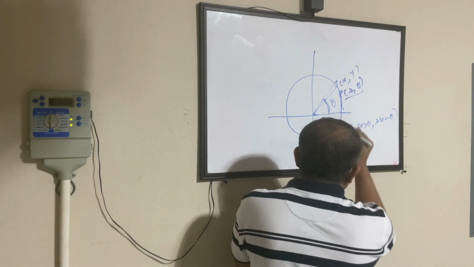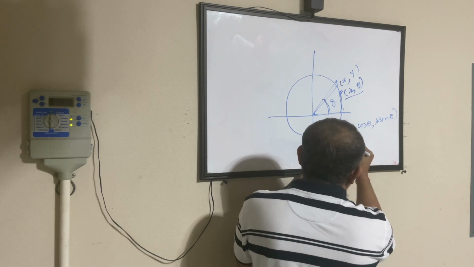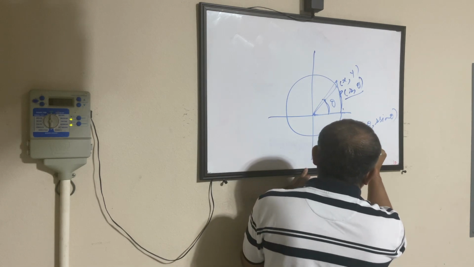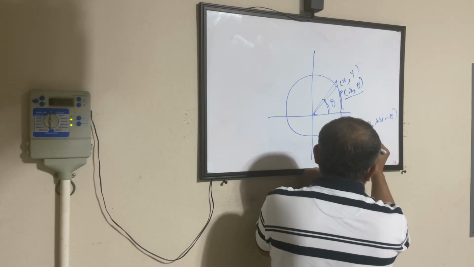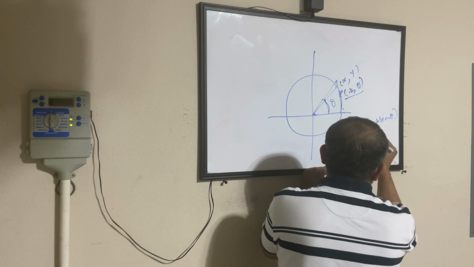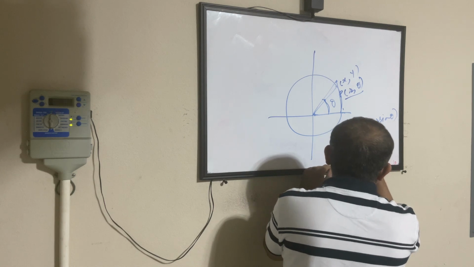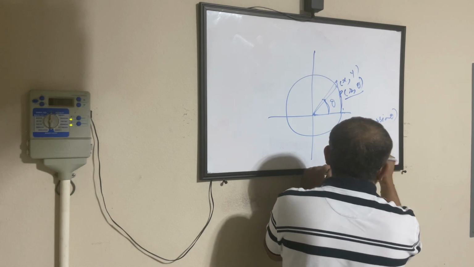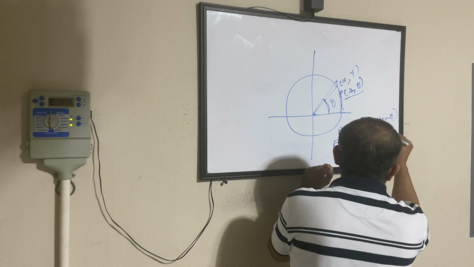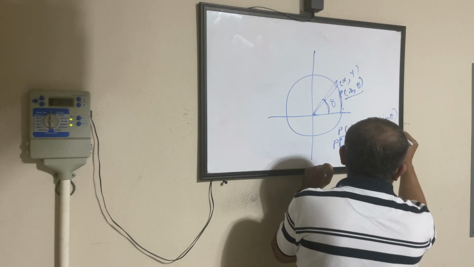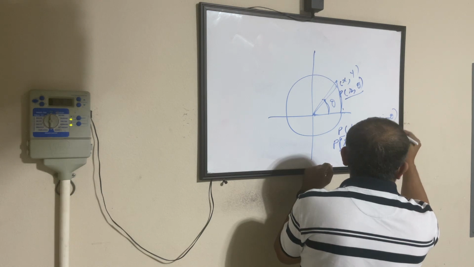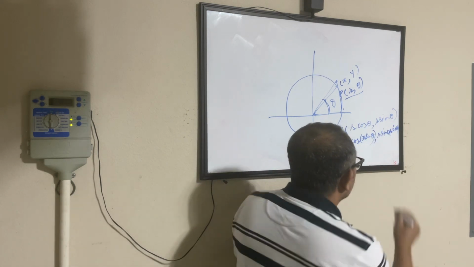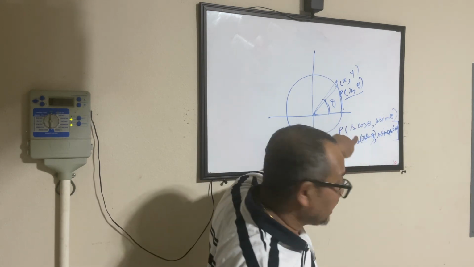So at the same point I will have another polar coordinate where I can say r cos 2 pi plus theta, or 360 degrees plus theta if that is easy to relate, r sin 360 degrees plus theta. So same point I have two coordinates.